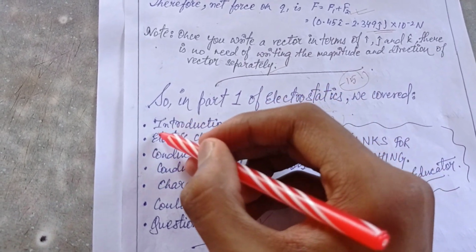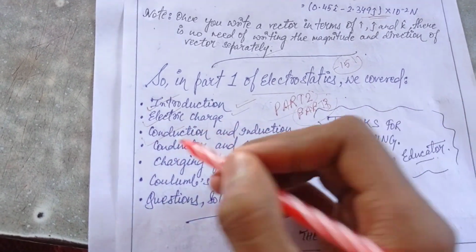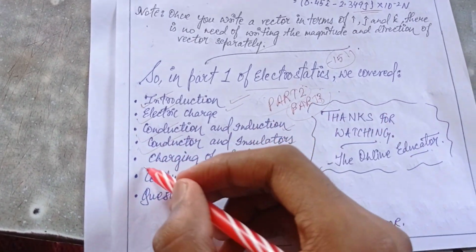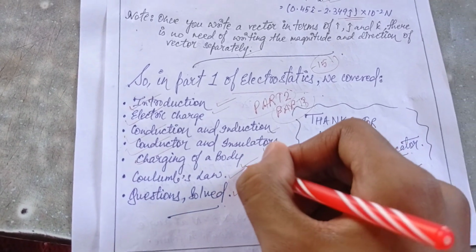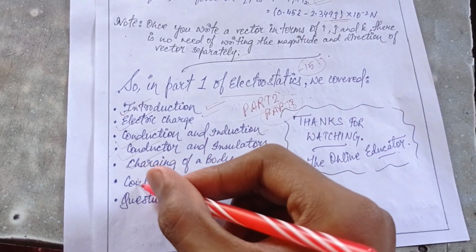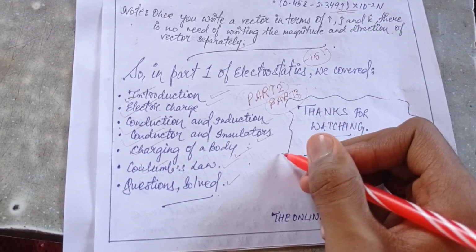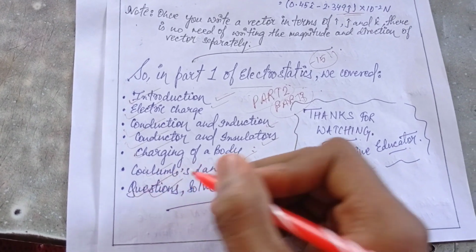In part 1 we covered the introduction, the electric charge, conduction and induction, conductors and insulators, charging of a body, the three types of charging: charging by rubbing, by contact, and by induction, and Coulomb's law, F equal to k mod q1 q2 by r square. And then we solved the questions.